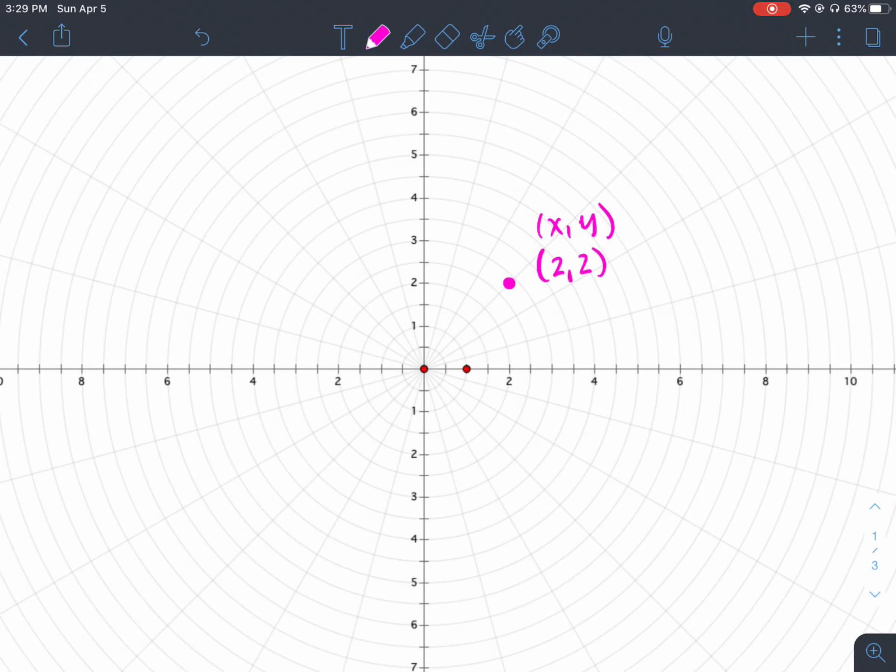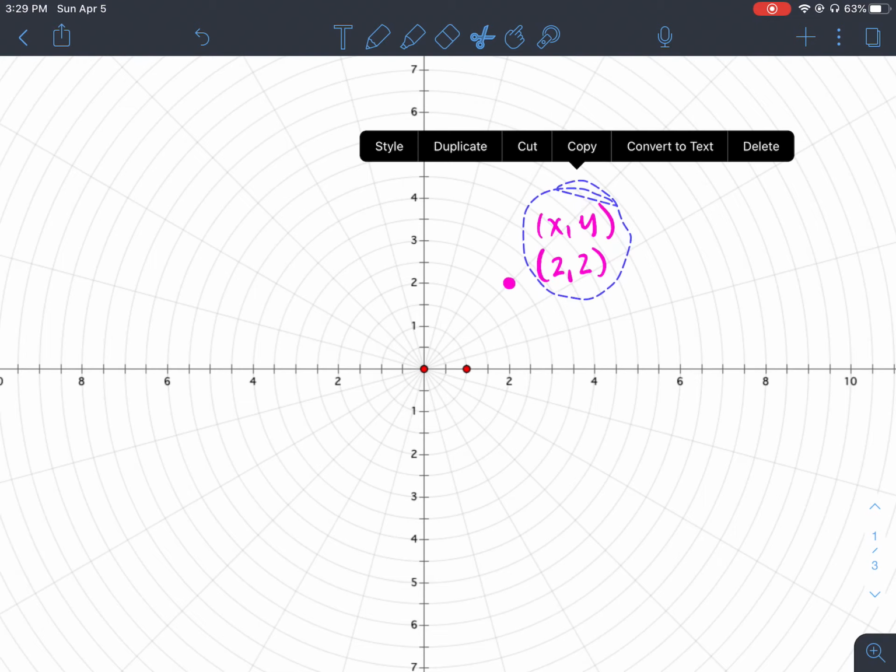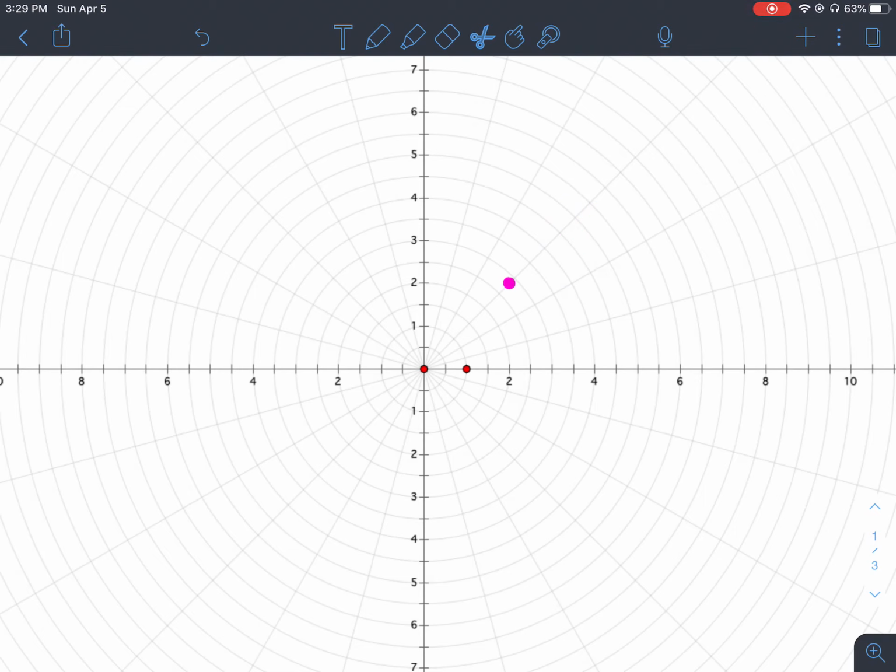But that's not the only way I can represent those point values. The other system we can use is what we call polar coordinates. These give us a second way that we can represent everything in our plane. The way we talk about polar coordinates is we have an r and a theta.